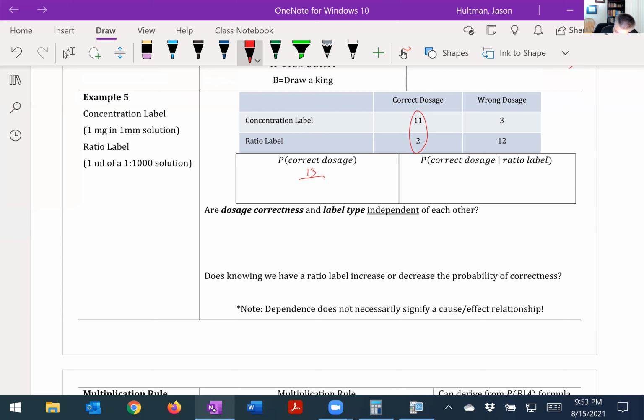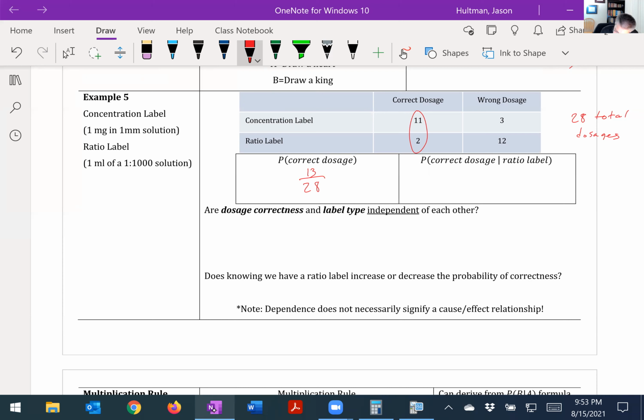So 13 in one column, 15 in the next column makes it 28 total dosages. So 13 correct dosages out of 28 total dosages.